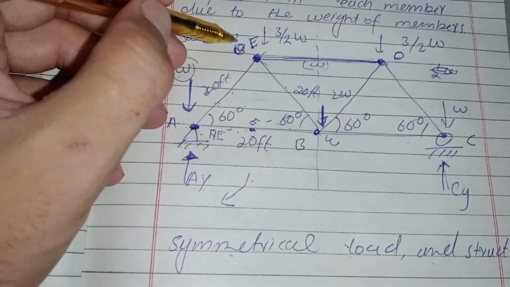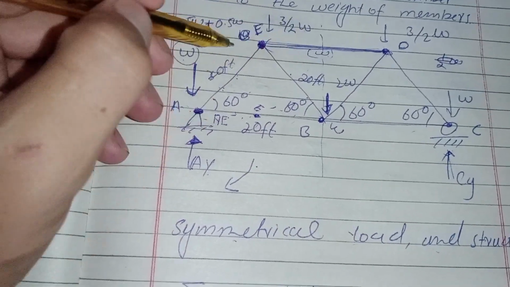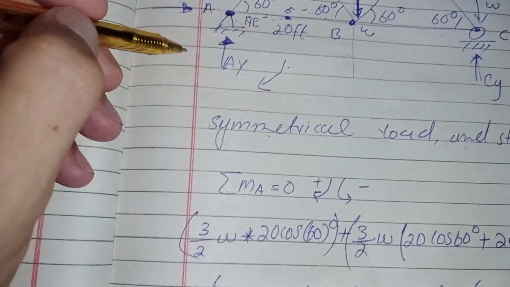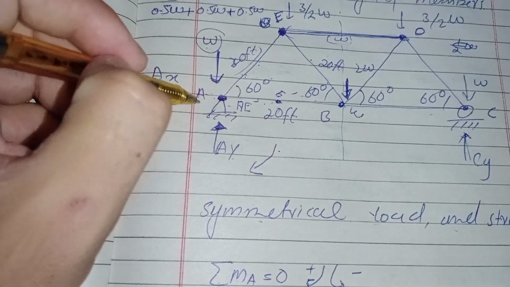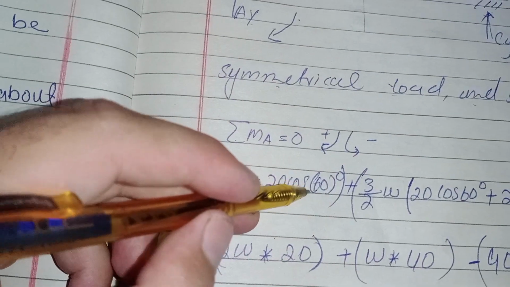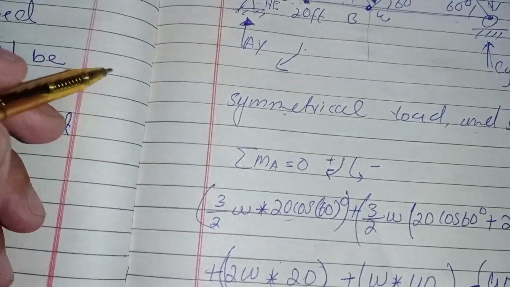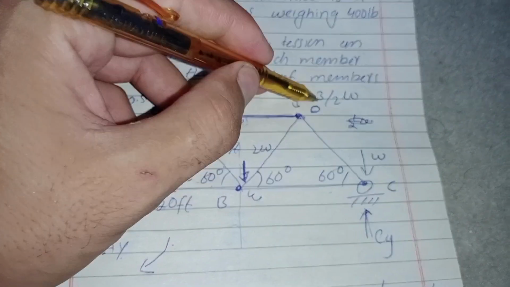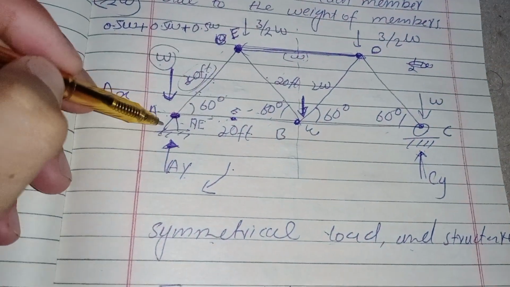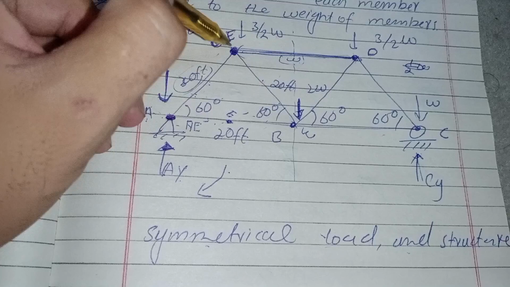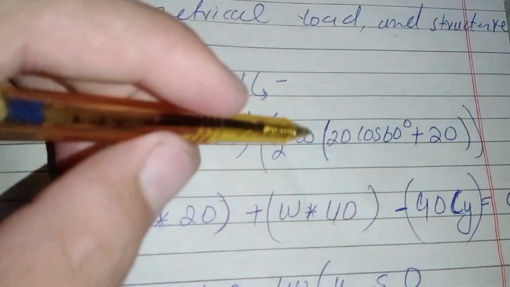So the load is 3 divided by 2 W multiplied by 20, since AE length equals 20, into cos 60. Then 3 divided by 2 W is the load from here to here, at AE cos 60 plus ED.